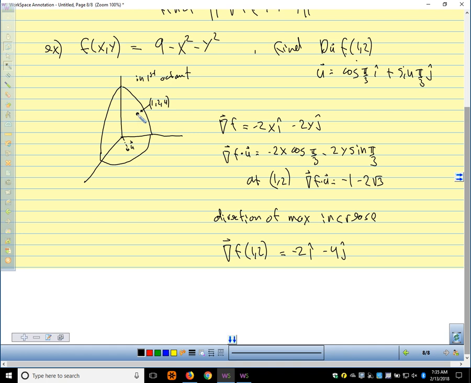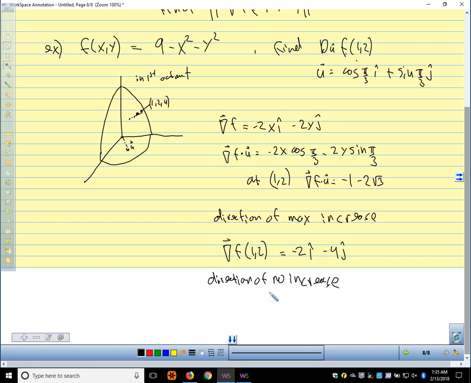So we're going steepest uphill if we're going that direction. What is the direction of no increase? If we're going along a level curve here, how would we find that? Find the perpendicular to the maximum. How would we find a vector orthogonal to that one?